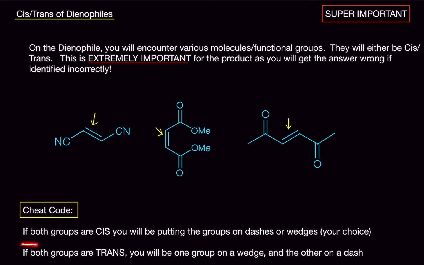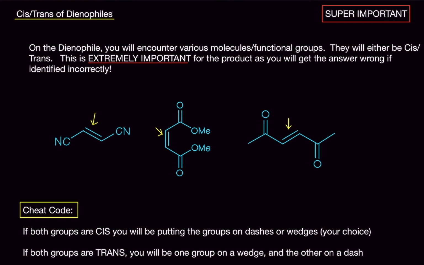Here is the cheat code. If both groups are cis, you will be putting the groups on dashes or wedges. Both of them will be on wedges or both of them will be dashes. You can choose. You will not be wrong if you put both of them on dashes or both of them on wedges. You have complete freedom, but you must make sure they are both on wedges or both on dashes if the functional groups are cis.